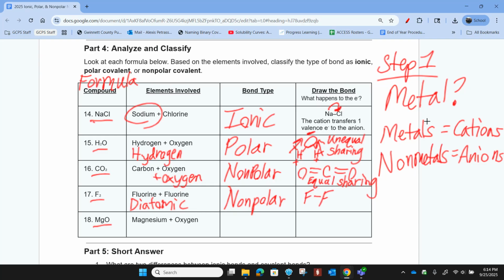Fluorine bonds to fluorine. Equal sharing of electrons.